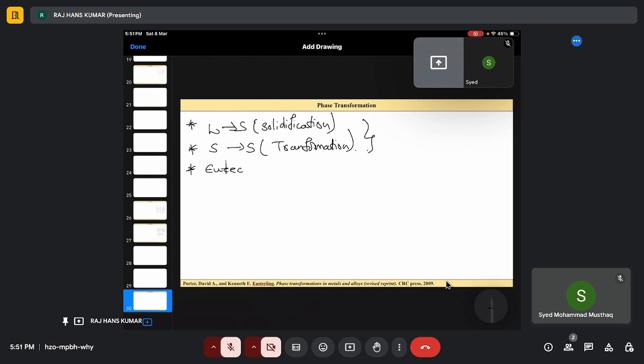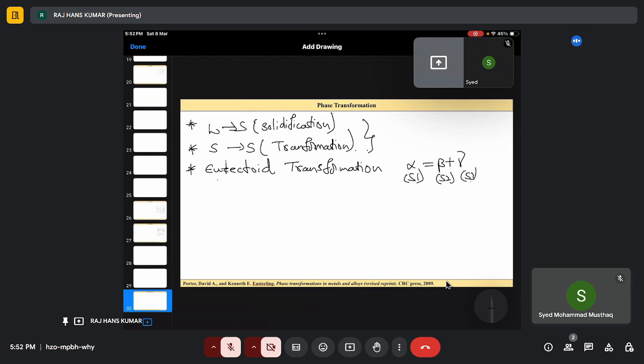peritectoid reaction, and peritectoid transformation, where one solid will give rise to two types of solids, right? That is solid one, solid two, solid three.